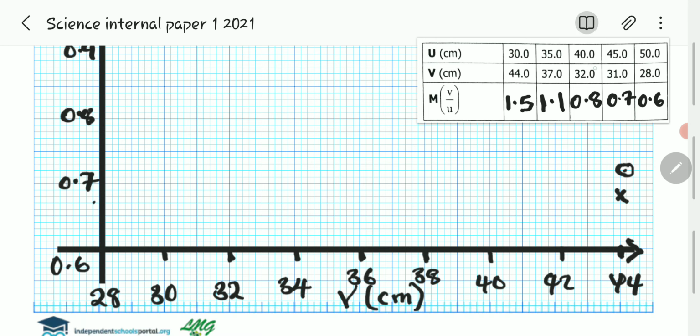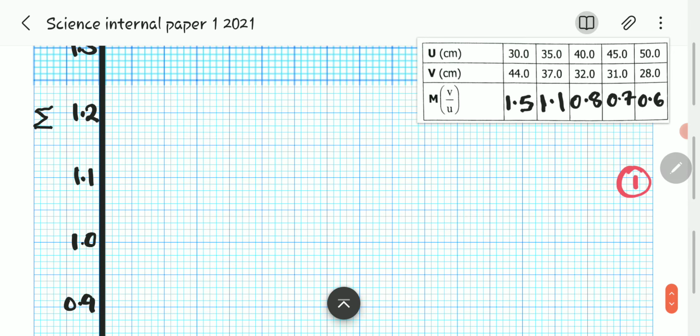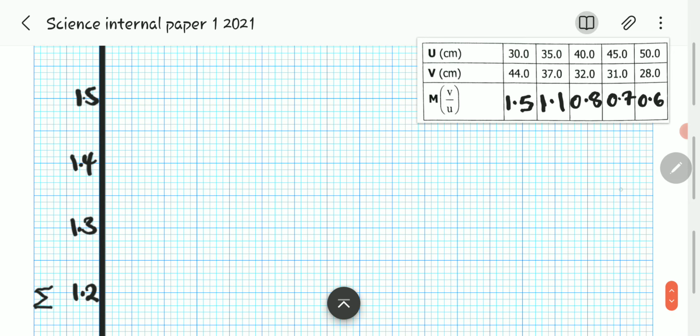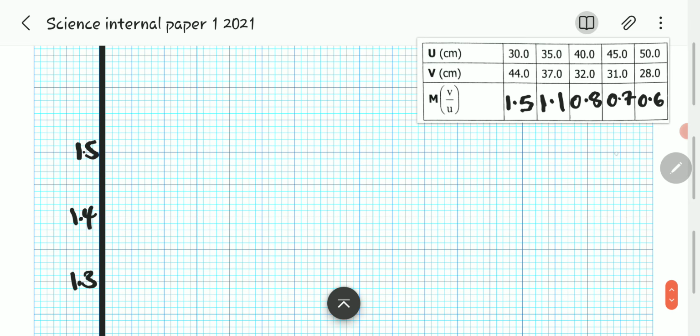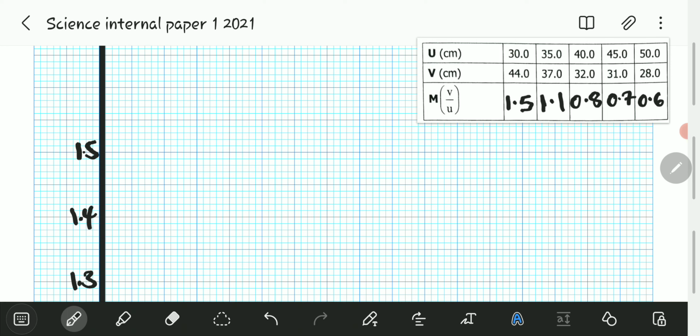We'll go to where this is 44, follow it, and make sure we find where it meets 1.5. So this is where 44 meets 1.5, and I will circle it. This is my first point. So this point is done.